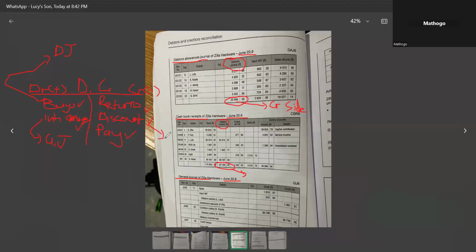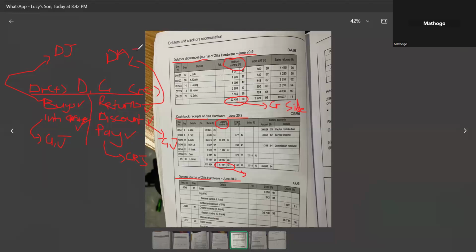You also find it mostly in the general journal. When the customer pays, you find that information in the cash receipts journal. When the customer returns goods that they were not satisfied with, it comes from the debtors allowance journal. Am I making sense, Matugu?